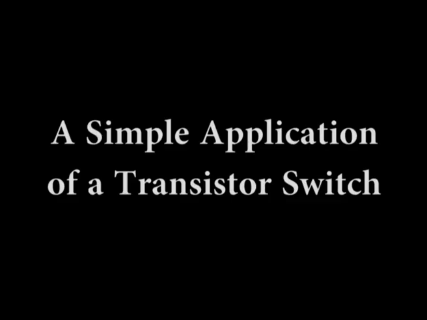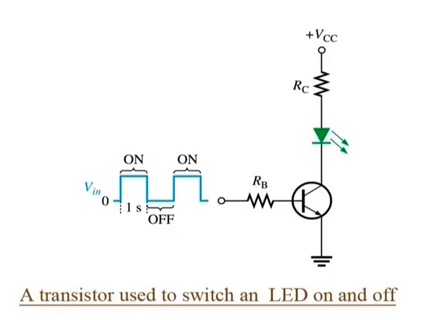A simple application of a transistor switch. The transistor in the figure is used as a switch to turn the LED on and off. For example, a square wave input voltage with a period of 2 seconds is applied to the input as indicated.